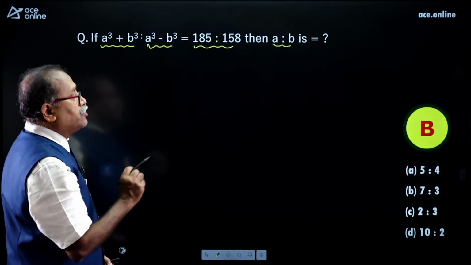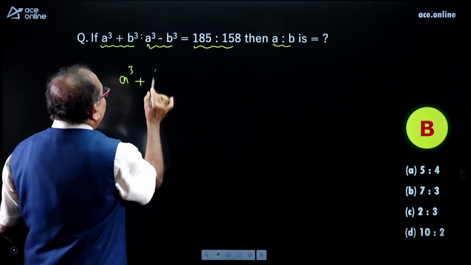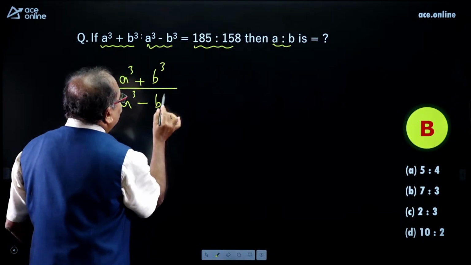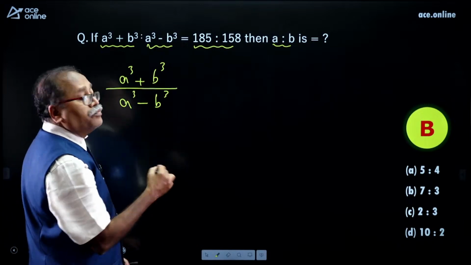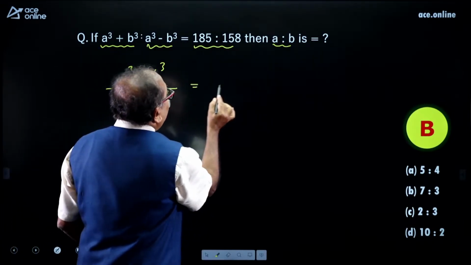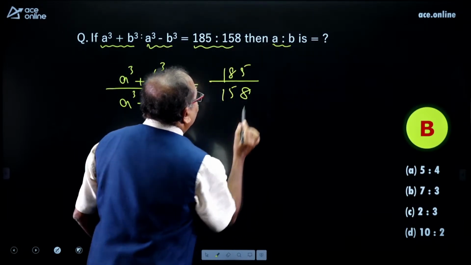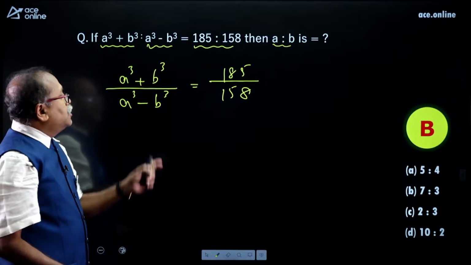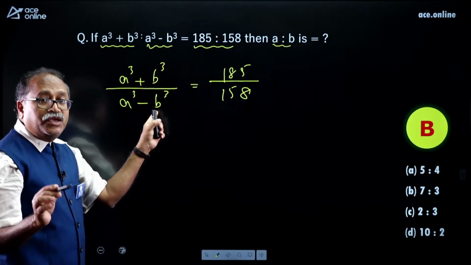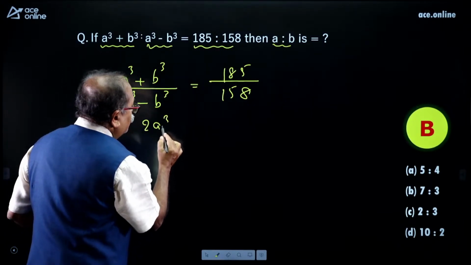Now, how do I do this one? Look at this one, a cube plus b cube by a cube minus b cube. Is it not componendo dividendo? If I apply this, then it is equal to, let me write down this also, 185 by 158. So when I add up over here, the plus b cube and minus b cube will get cancelled, and I will be left with 2a cube.